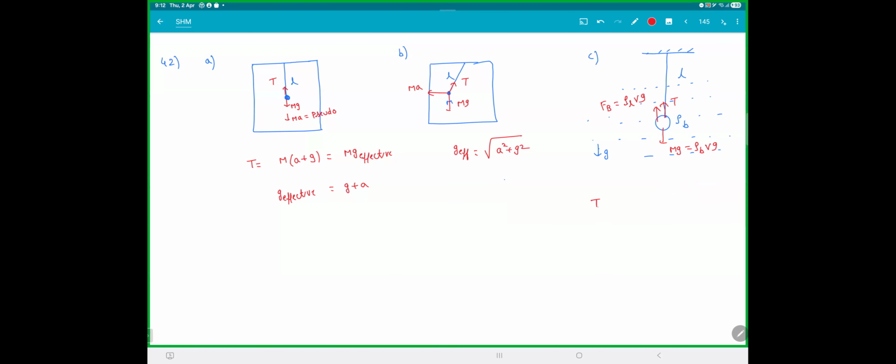So putting it in the liquid, the ball will start thinking the gravity got changed. So this is rho B minus rho L, divided by mass of the body, which is rho B, into G. That's your G effective. That's it. Once you got this, then the time period is 2 pi root over L by G effective. Take them, dump them, you'll get the answers.